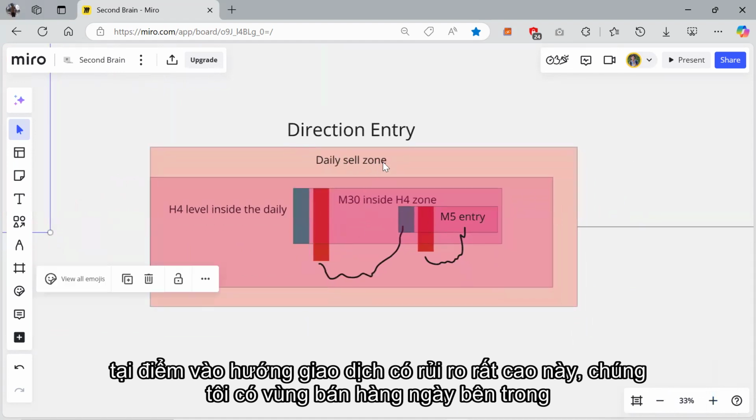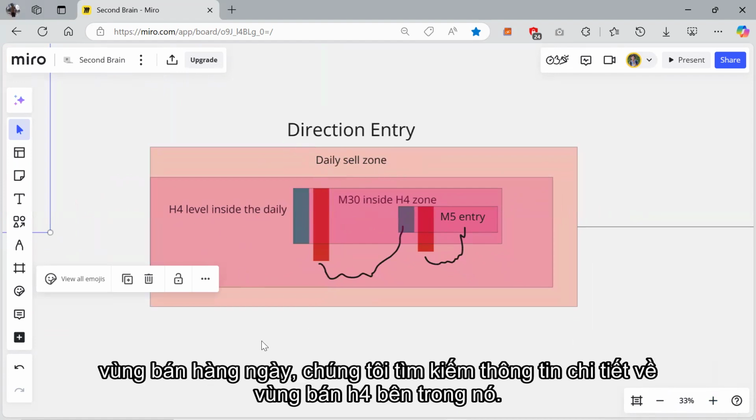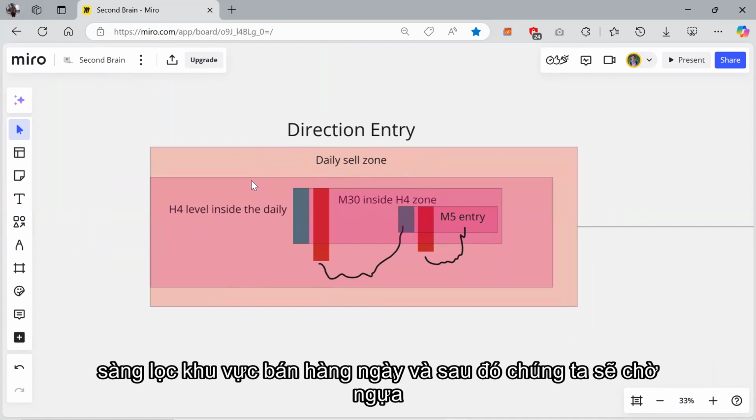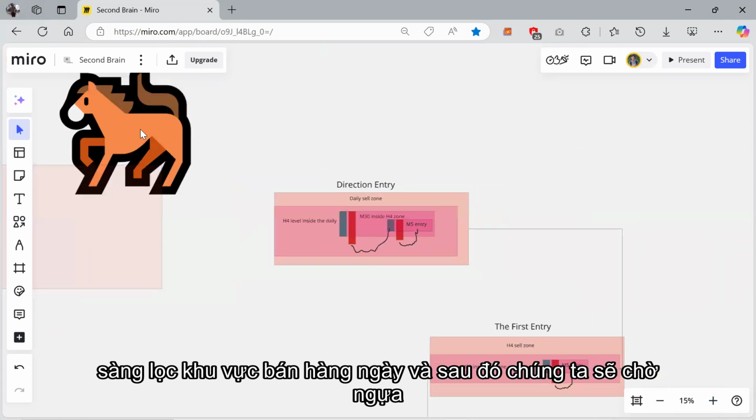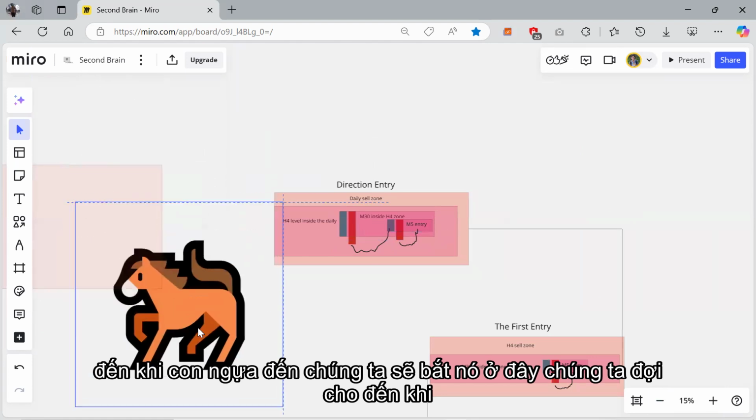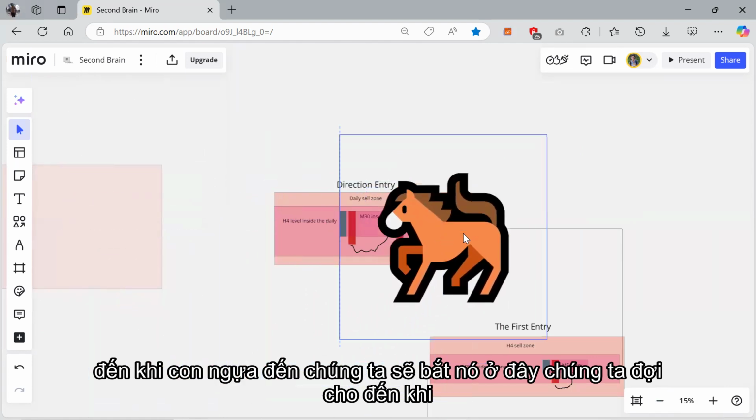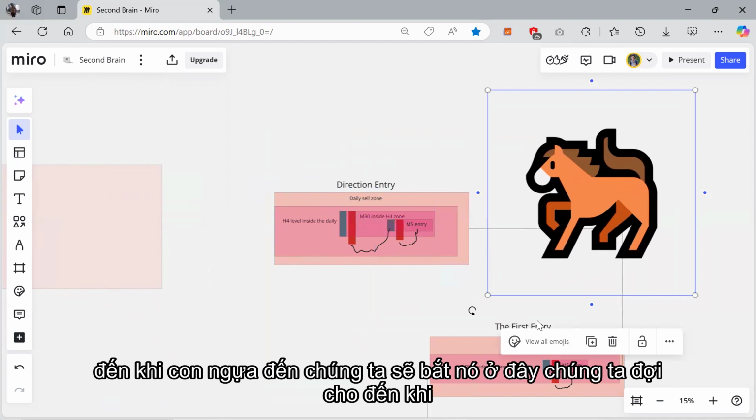We have a daily sell zone. Inside the daily sell zone, we look for an H4 sell zone, which is a refinement of the daily sell zone. Then we wait for the horse to come, and when the horse comes, we are going to catch him here.